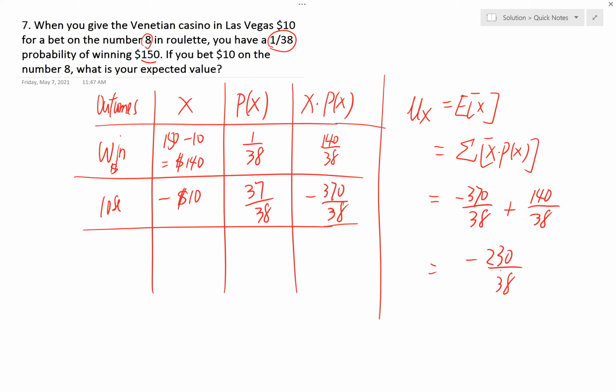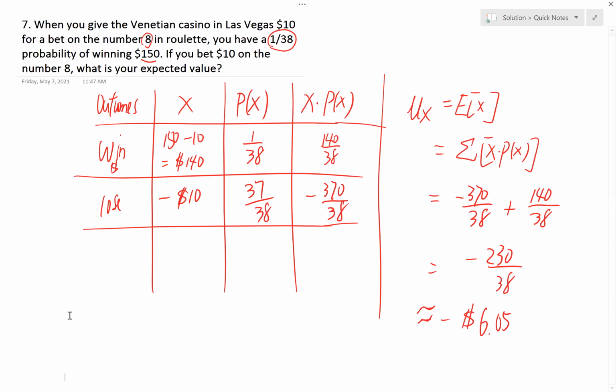Now we divide that 230 by 38. That's negative $6.05, right? Again, this is rounding. Since we're talking about a dollar amount, always round to 2 decimal places.